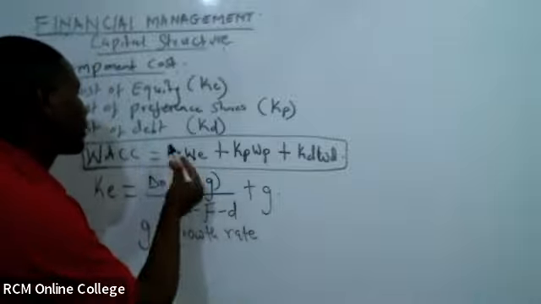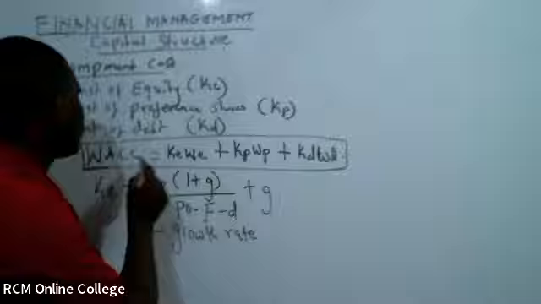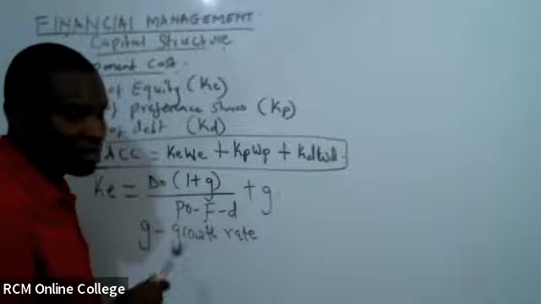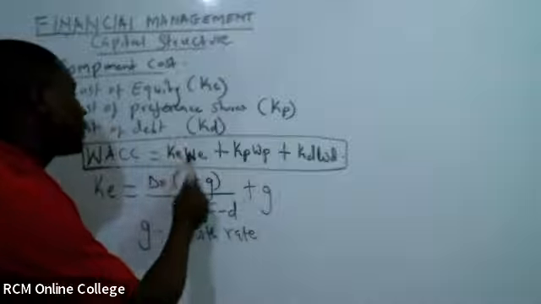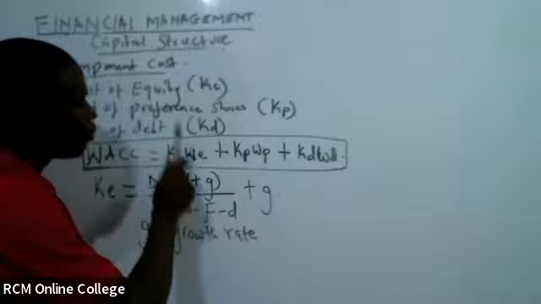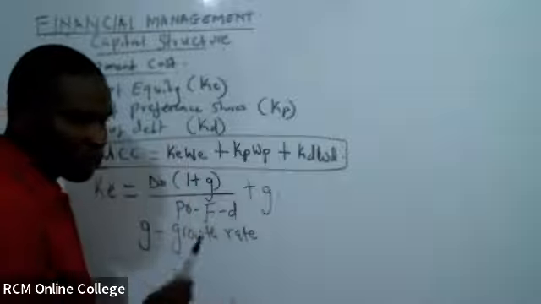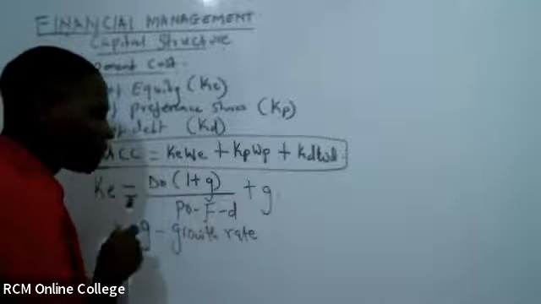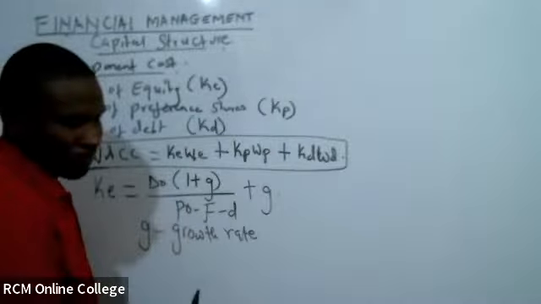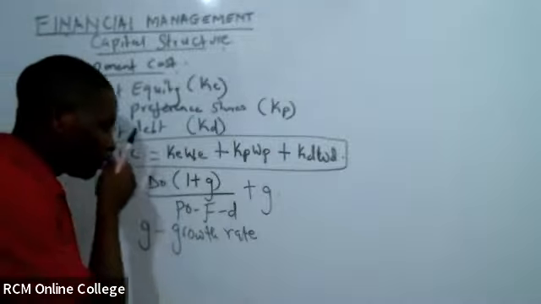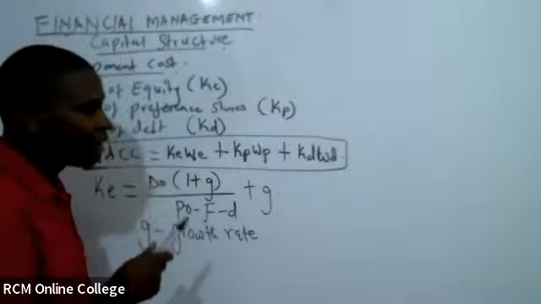And if you don't get that, remember, getting the weighted average cost of capital will be far from you. Why? Because we are waiting for that Ke in order to multiply by the weight, and then we get our WACC. So the moment you are not able to get the g, it will become difficult for you to solve this question well.